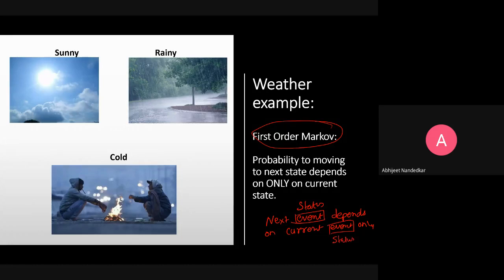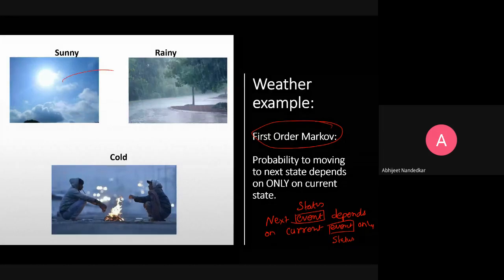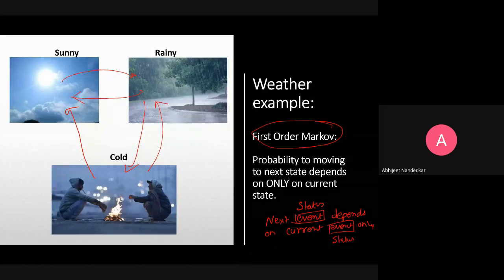Okay, not anything else. So if today is sunny, whether there will be rain tomorrow, you have to predict the next state based on the current state. So you can predict from sunny to rainy, rainy to cold, cold to sunny, rainy to sunny, cold to rainy, cold to sunny, sunny to sunny, rainy to rainy, and cold to cold.